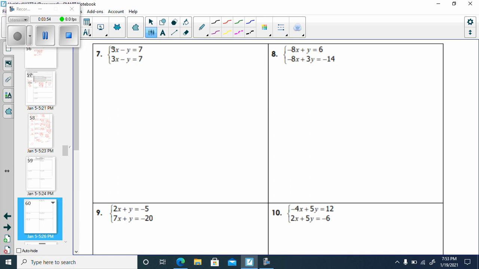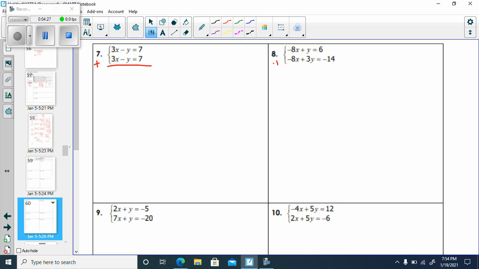If you have two equations like this, and neither one of them says x is equal to or y is equal to, then you can't use substitution, you can use elimination. Remember, when you were doing elimination, you tried to see what you needed to do to get rid of one of the variables. In this case, these are exactly alike, so you wind up with an infinite number of solutions because that's the same equation.